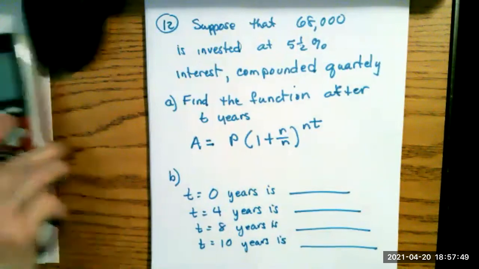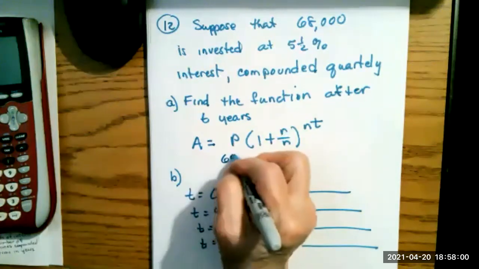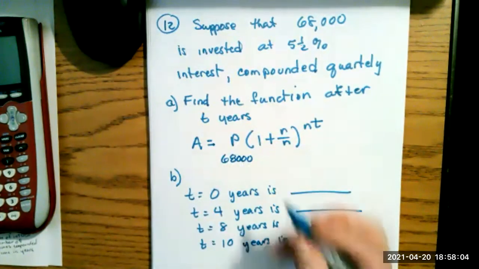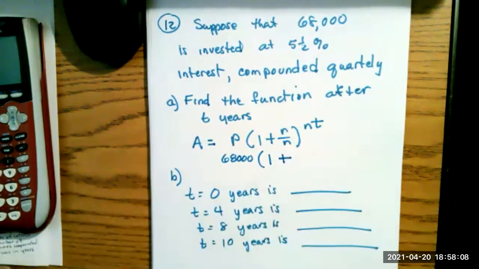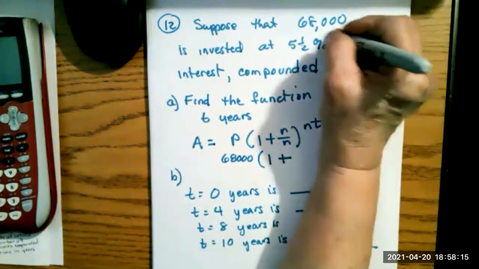What do you think the P is? Remember, the P was the principal, 68,000. So right here, we're going to put 68,000. The 1 is part of our formula. What is our R? The rate, which is 5.5%.